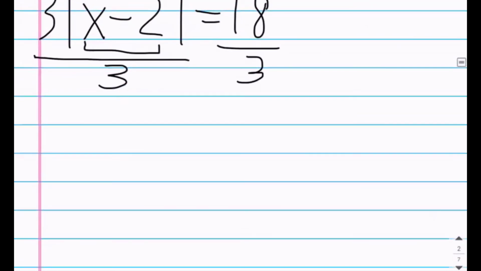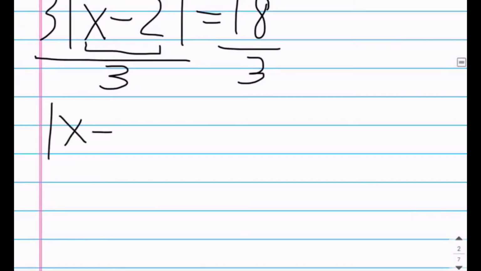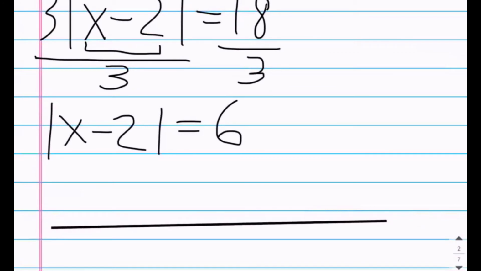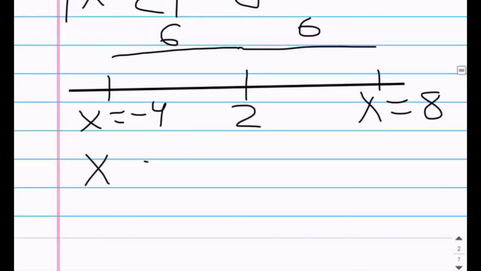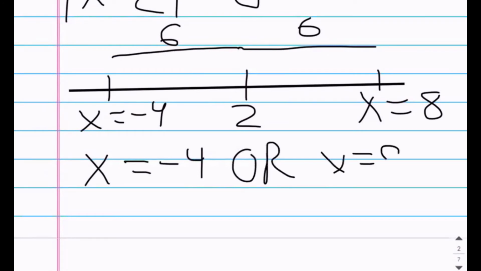Then, when we rewrite the problem, we get the distance between x and 2 is equal to 6. Now, we can simply make our number line as normal. 2, 6 to the right, 6 to the left, x is equal to negative 4, or x is equal to 8.